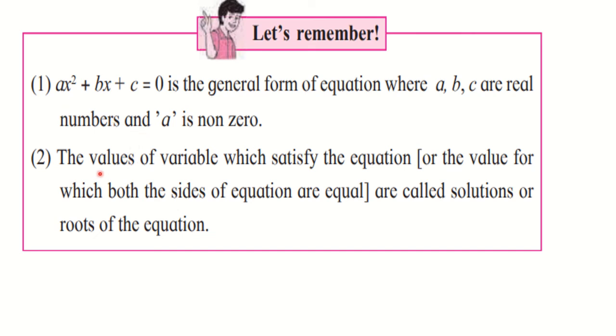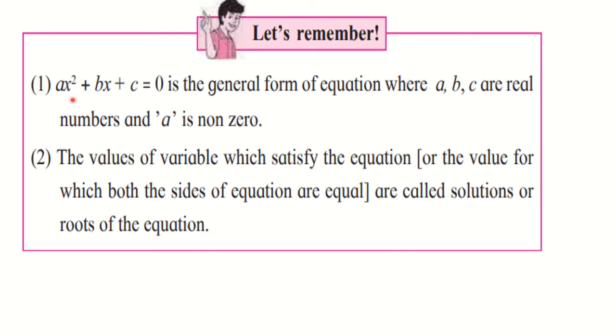Okay. Then the definition for the roots of the equation, which I have discussed previously here. So the values of the variable, here the variable is x. The values of x which satisfy the equation. That means for the value of x for which left hand side becomes equal to right hand side, we say that it is the solution of that equation.